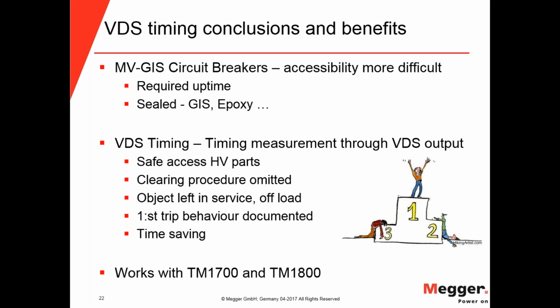And because it's sealed, there is no access to the primary parts, and it could be gas insulated, but also some manufacturers have other kinds of insulation like epoxy and so on.